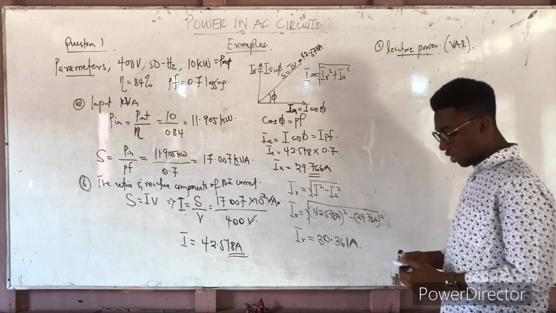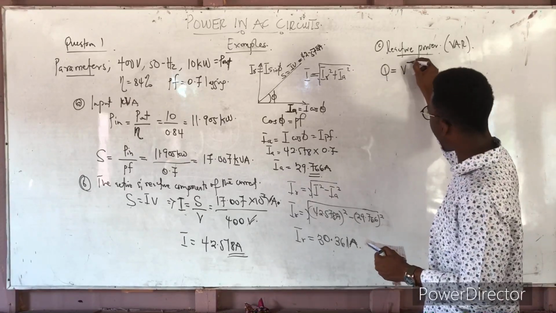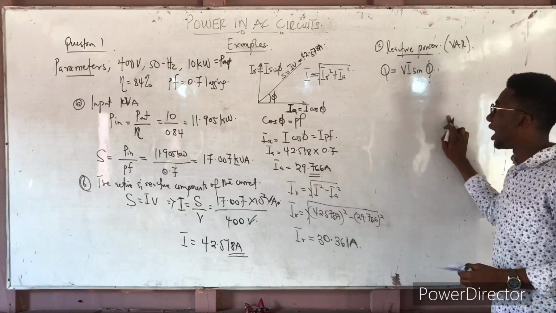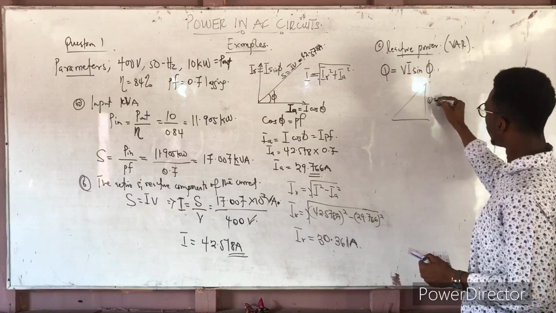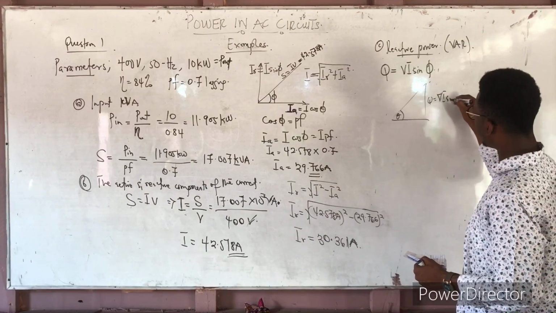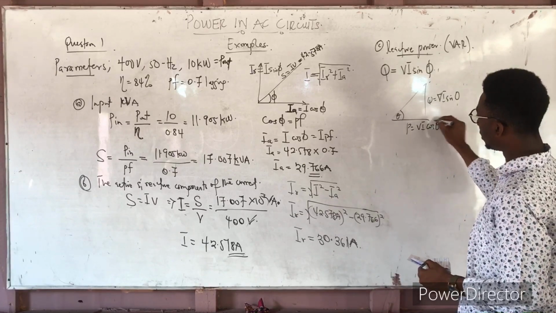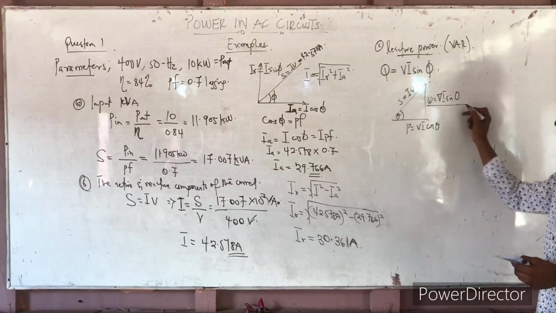So the reactive power, which is Q, is always VI sine theta. Anytime you draw the curve, if this is theta, this is VI sine theta, and P is equal to VI cos theta, and S, the apparent power, is equal to VI. So this is how we find Q.